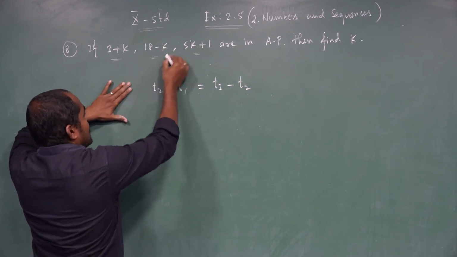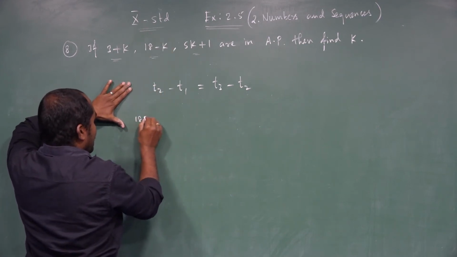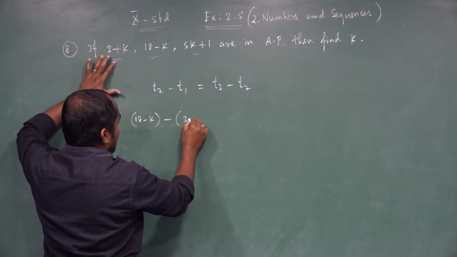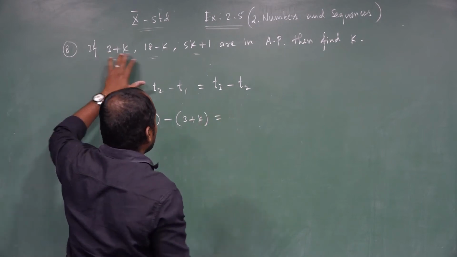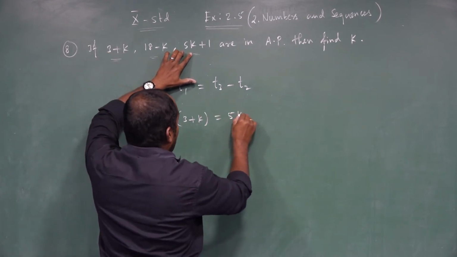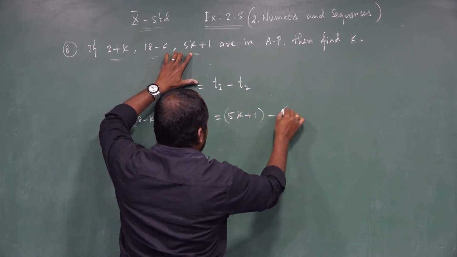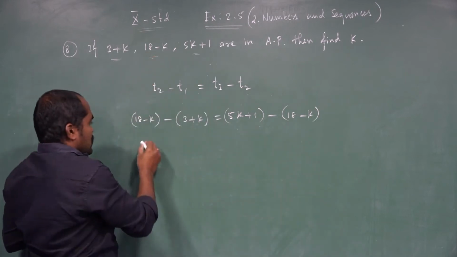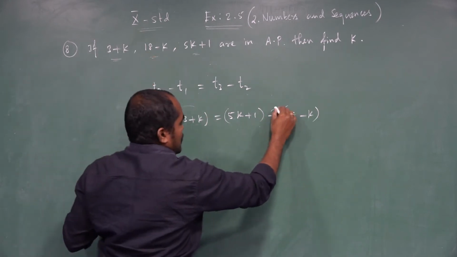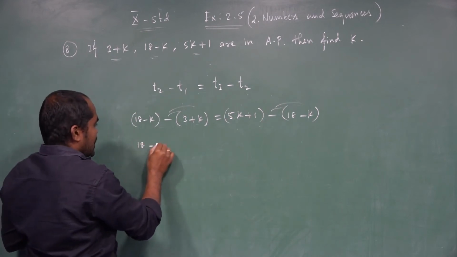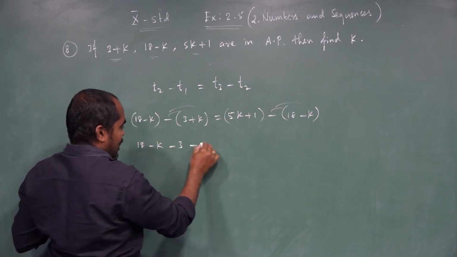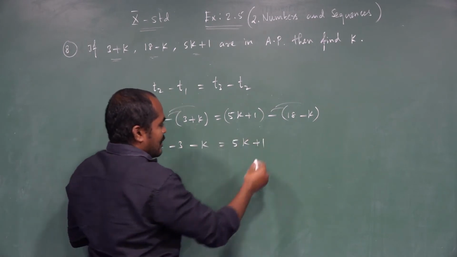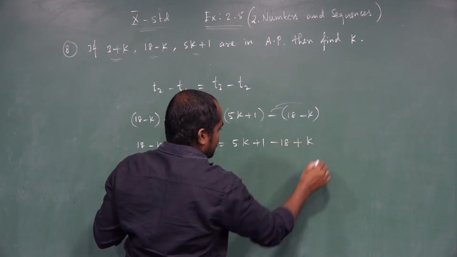T2 is 18 minus k. So 18 minus k minus the first term 3 plus k equals the third term 5k plus 1 minus the second term 18 minus k. Substitute the minus inside the bracket: 18 minus k minus 3 minus k equal to 5k plus 1 minus 18 plus k.